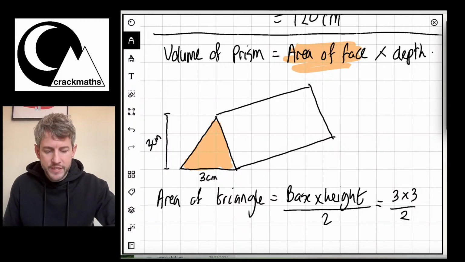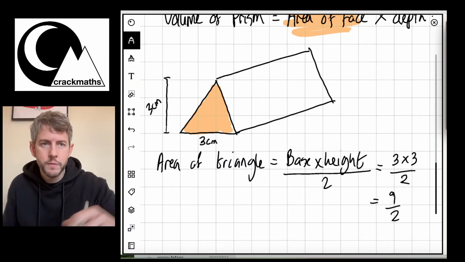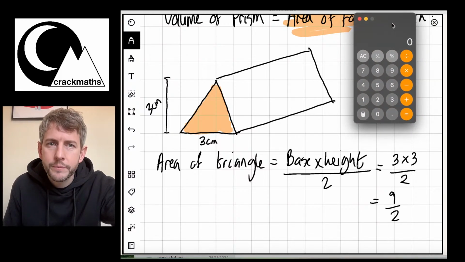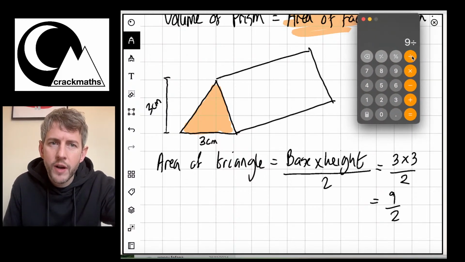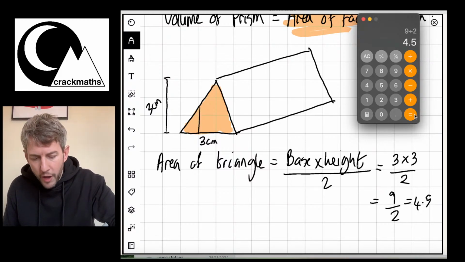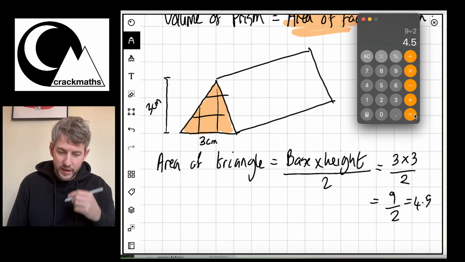So the area of this triangle is going to equal 9 divided by 2, and let's do that on the calculator. So 9 divided by 2 equals 4.5. So the area of this triangle is 4.5. So although it's all broken up, these squares amount to 4.5 squares.